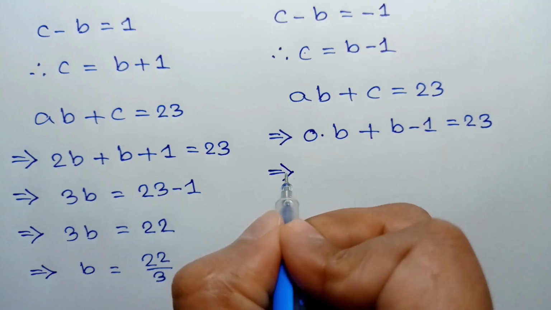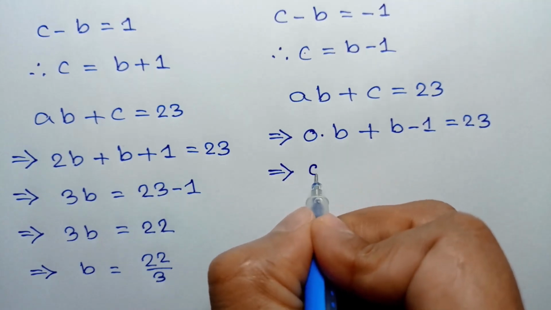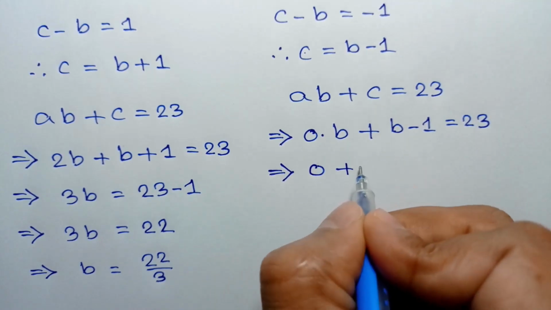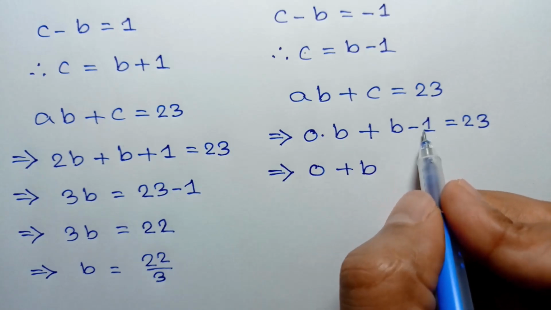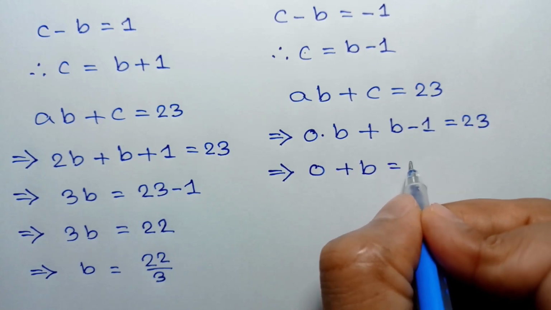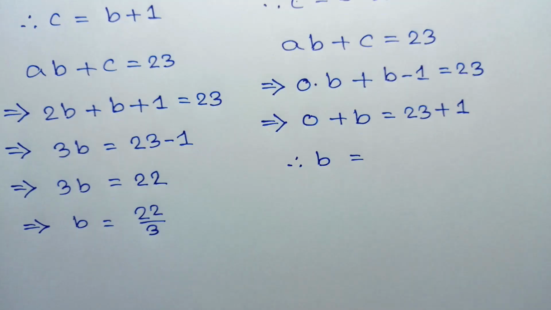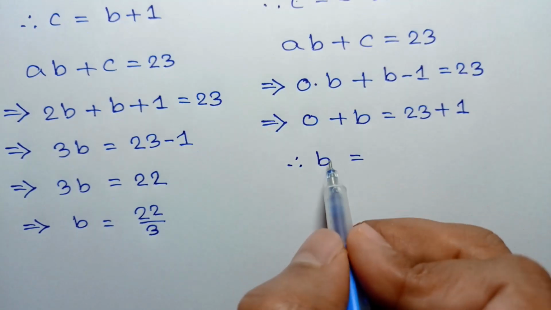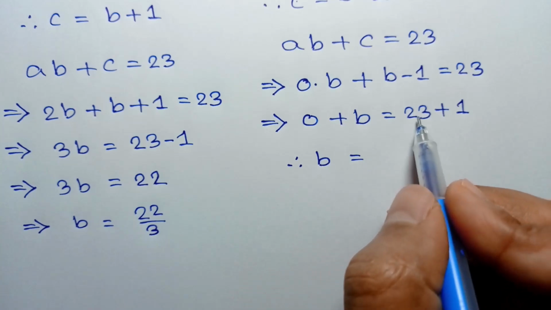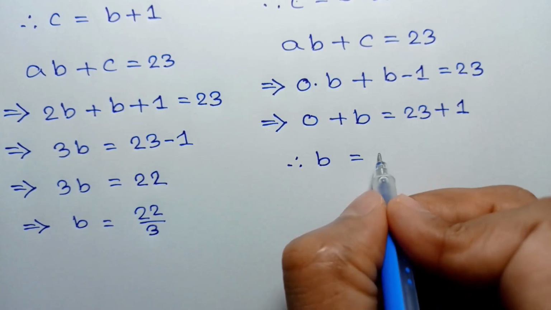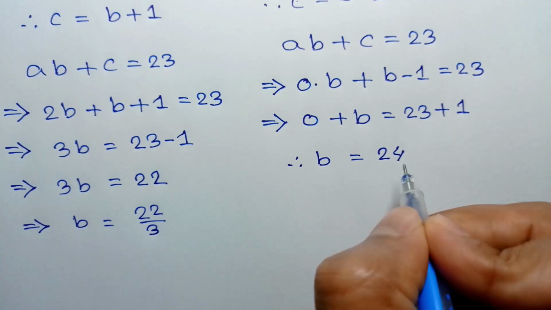Or 0 times B is 0 plus B, and taking this 1 to the right side, we can write 23 plus 1. Now 0 plus B is equal to B, which is equal to 23 plus 1, that is 24.